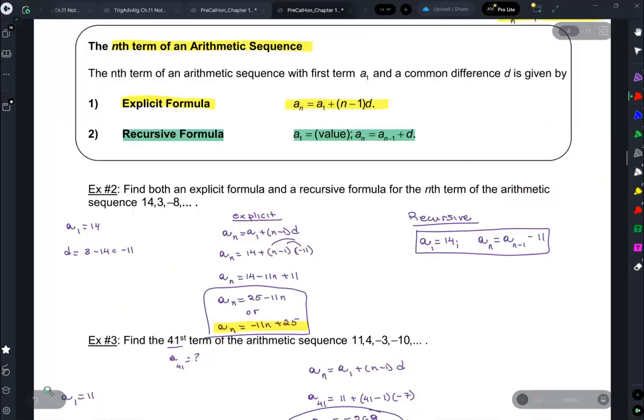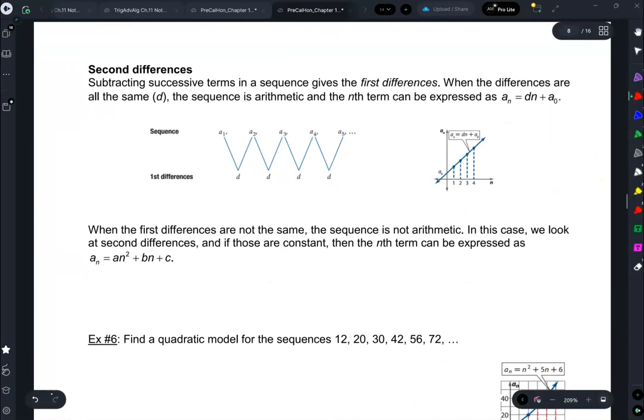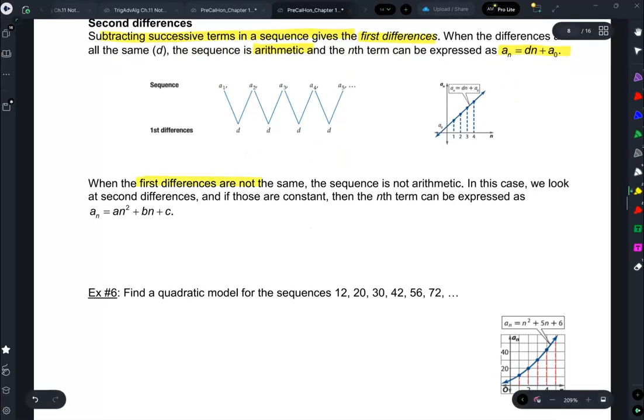Okay? So now let's go to second differences then. Just kick it up a notch. When you subtract the terms, you get the first differences. Okay? This is exactly what we said before. When it's an arithmetic sequence, we get a linear function. However, when the first differences are not the same, then the sequence is not arithmetic.